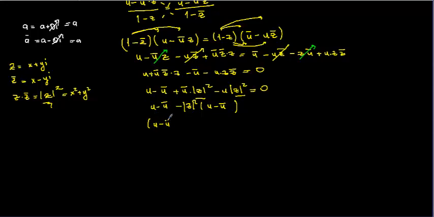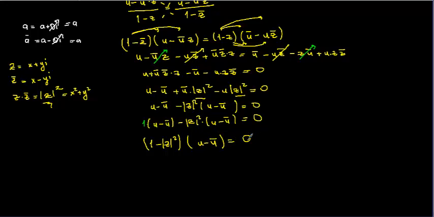Then if I continue, u minus u conjugate minus z modulus square times u minus u conjugate is equal to 0. Then this expression and this expression are the same, and I know that there is an invisible coefficient 1 here. So 1 minus z modulus square in parentheses times u minus u conjugate is going to be equal to 0.